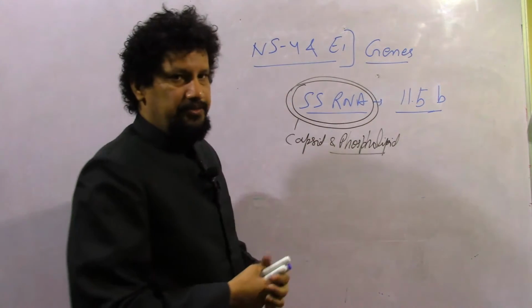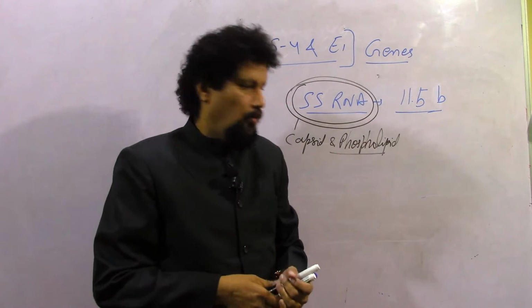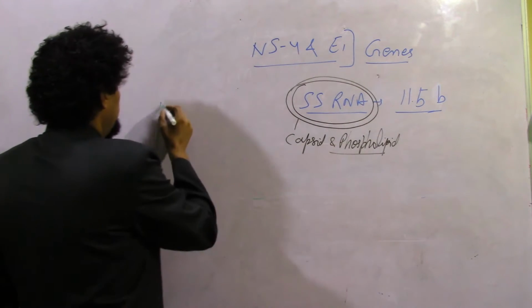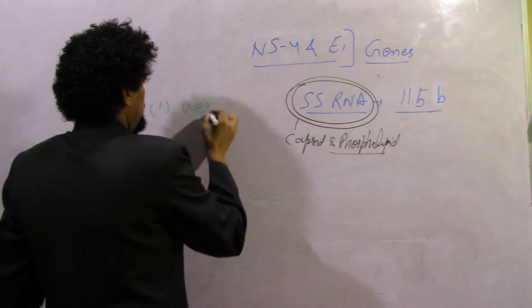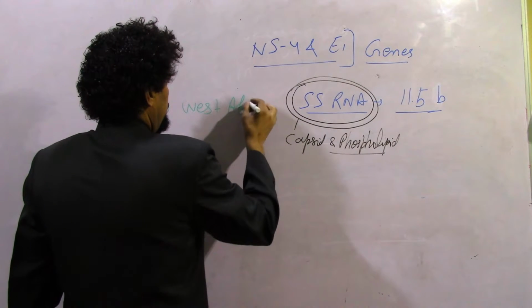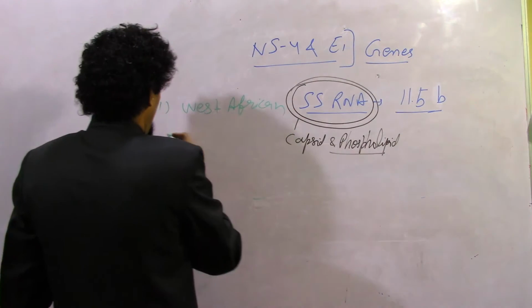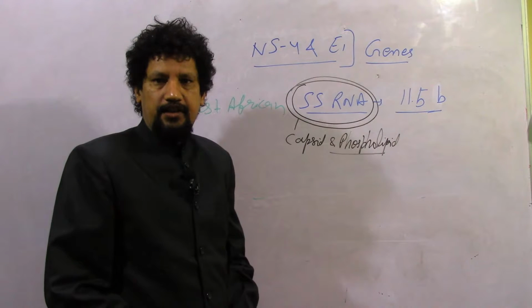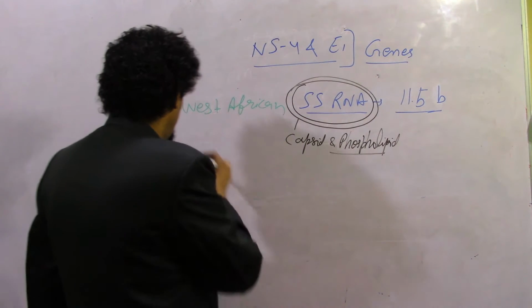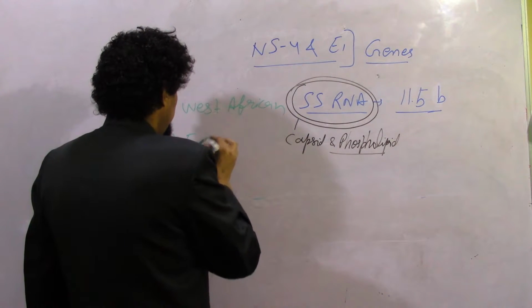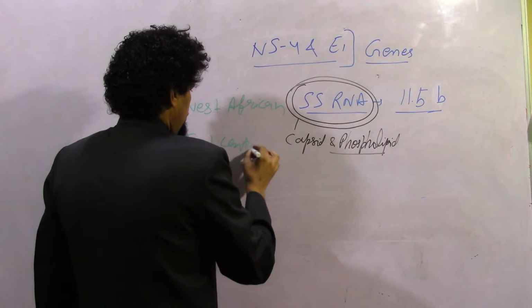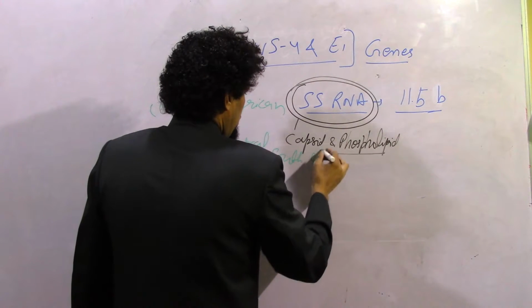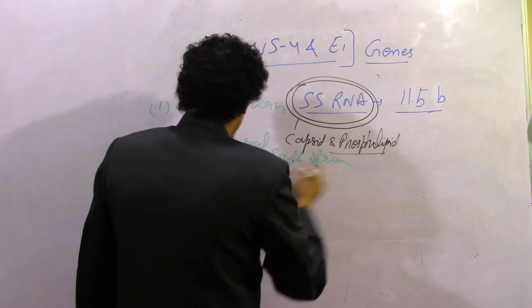So there are three groups of the chikungunya virus. The first is the West African type. The second group is the East Central South African type.